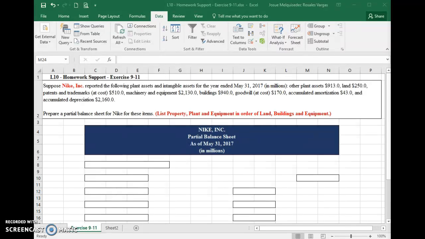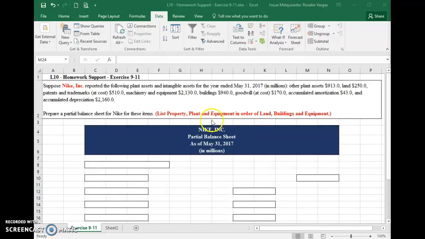As we have learned this week, companies most of the time show plant assets in the financial statements under number 1, property, plant, and equipment, and they also show number 2, intangibles, separately under intangible assets. So let's do this right now and read what the exercise wants us to do.